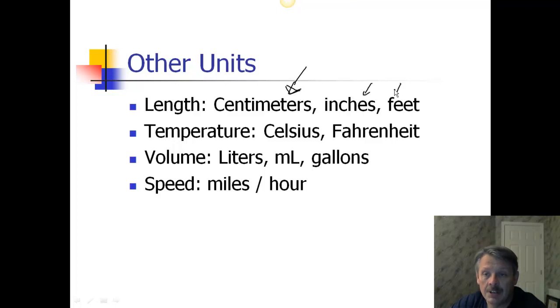We can get to inches, feet, Celsius, Fahrenheit, milliliters, gallons, etc. Notice there wasn't an SI unit for volume. Why is that? Because we can create it from meters. So those are just some other units that we tend to use. We often use these, for example. Clearly, you use miles per hour when you're driving. So we use a lot of these.